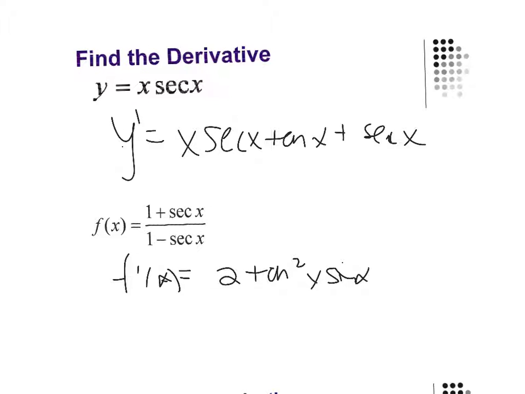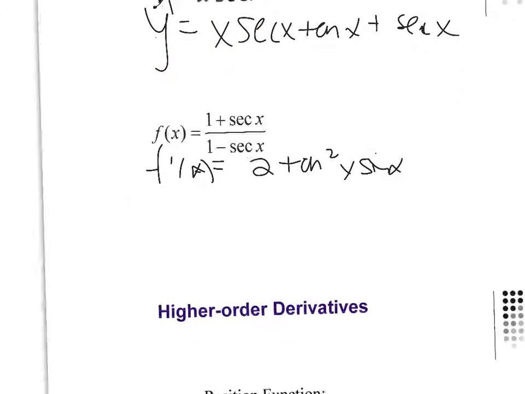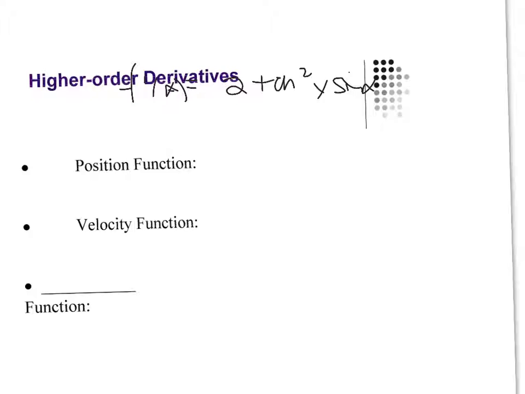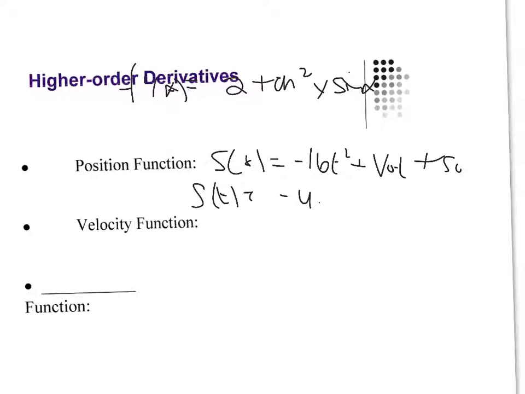So, higher order derivatives. Bottom part of this. If you look at the bottom, we know that the position function is either going to be your s of t equals negative 16t squared plus v sub 0t plus s sub 0, or if you're talking about meters, s of t equals negative 4.9t squared plus v sub 0t plus s sub 0.